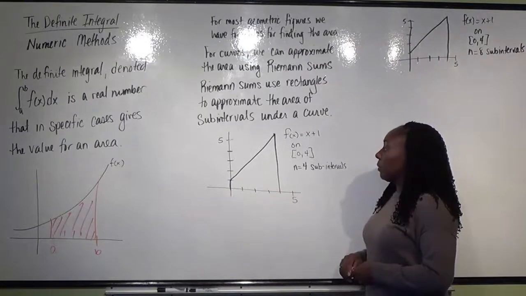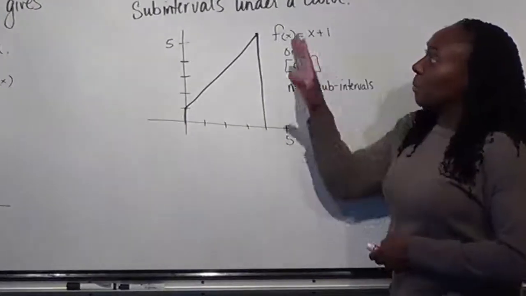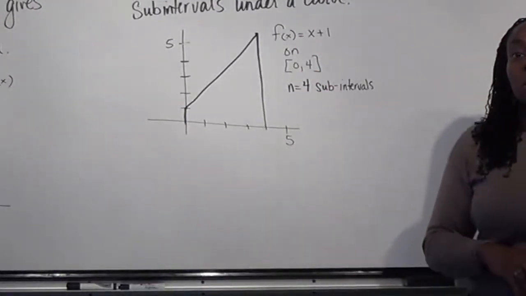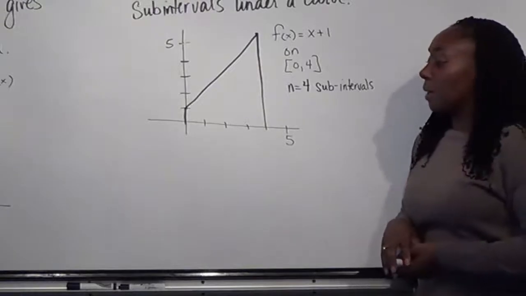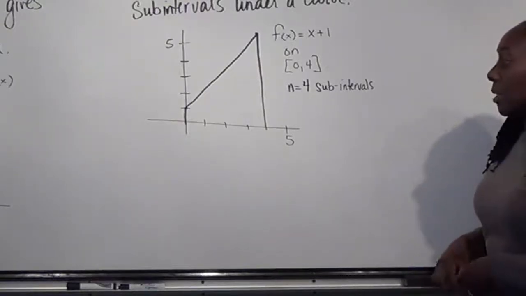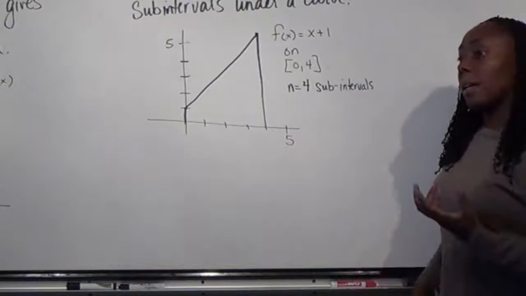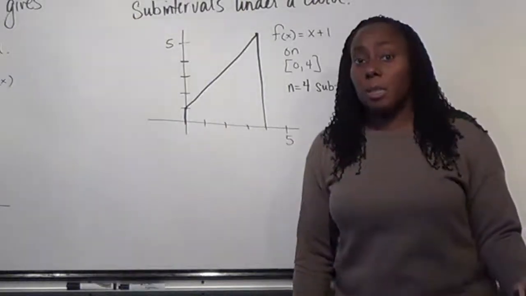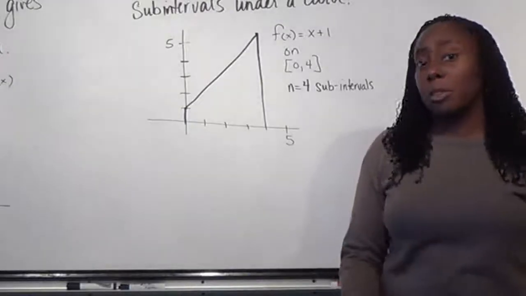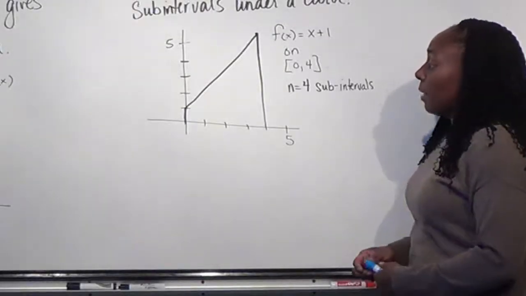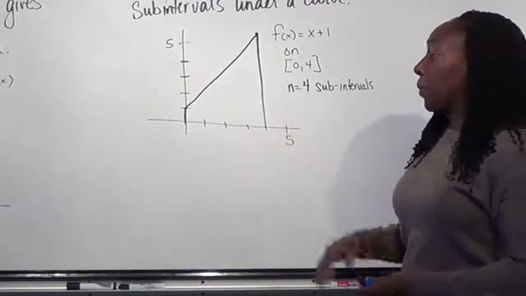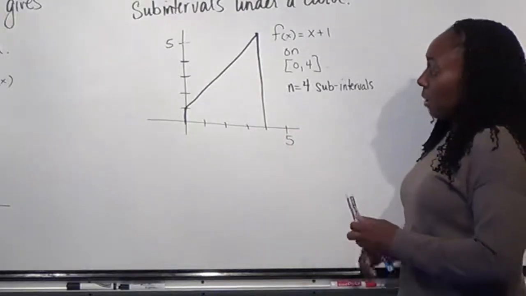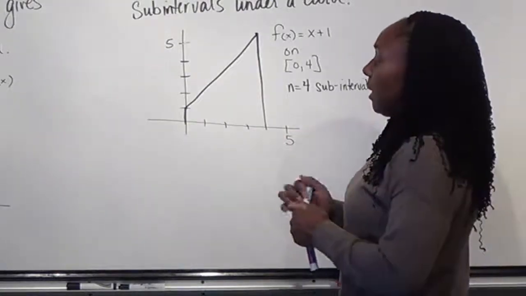from 0 to 4. And for this one, I'm going to use 4 subintervals in my Riemann sum. Now, when I look at the Riemann sum, there are two ways I can approximate the Riemann sum. There's what we call left-hand Riemann sums and right-hand Riemann sums. Okay? For this one, I'm going to do both. So with 4 subintervals, I'm going to start with the left-hand side.